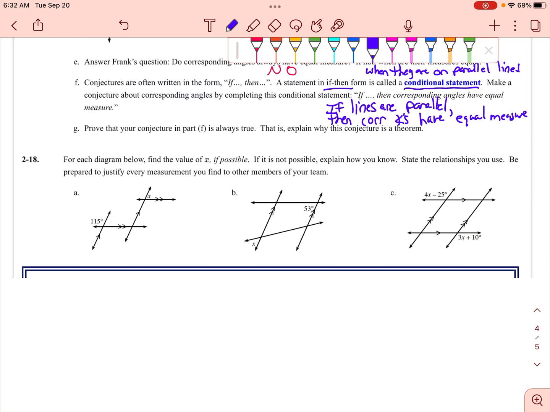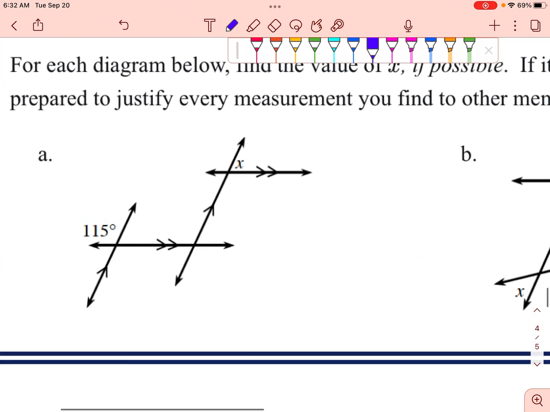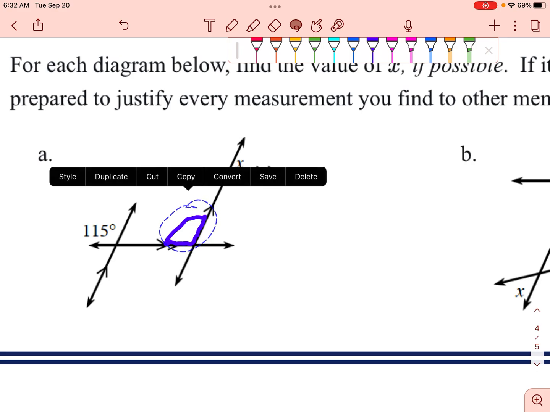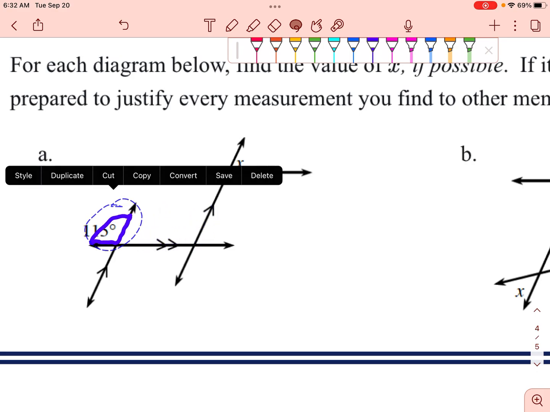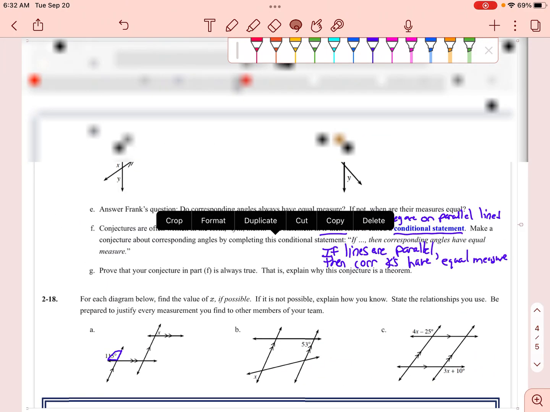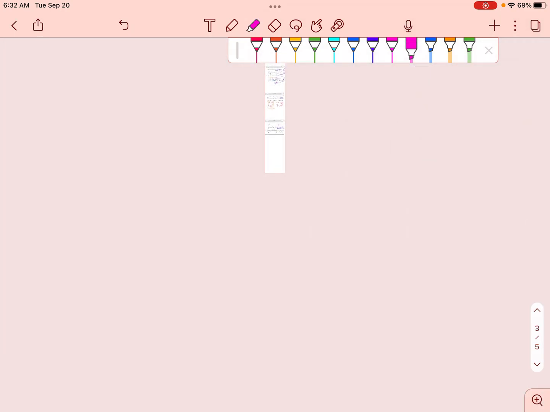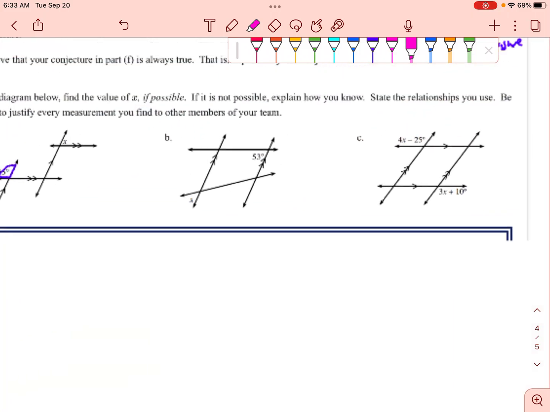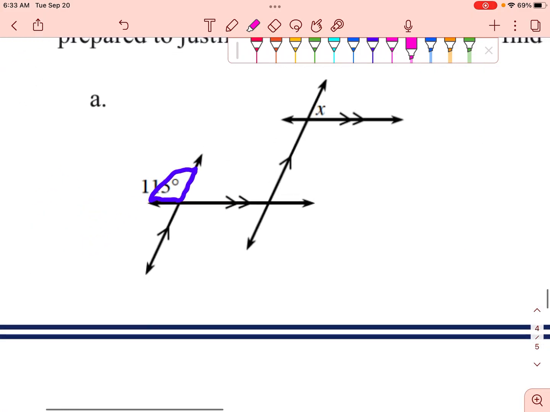And then for 2-18, for each diagram below, find the value of x if possible. So I'm looking, and we're going to take our 115 degrees, and I'm going to slide it over here. Okay, so that one has to be 115 degrees. And again, you can see the parallel marks. Oh my God, I swear this is the last problem. You can see that this is parallel with this. So when I slid this over, it matched up right there.